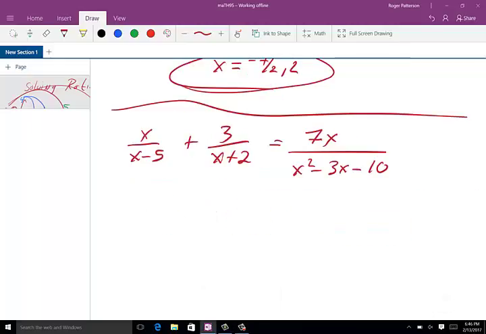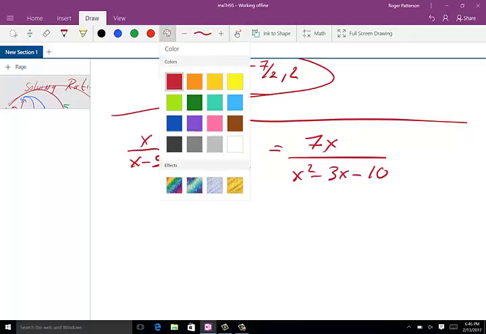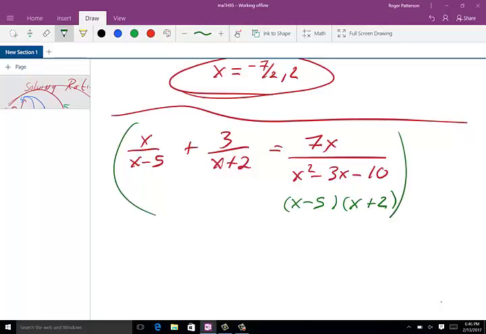Okay, so what's our first step here? Factor this. What's it going to factor to? Okay, and then what? Okay, so that's what we're going to multiply by.